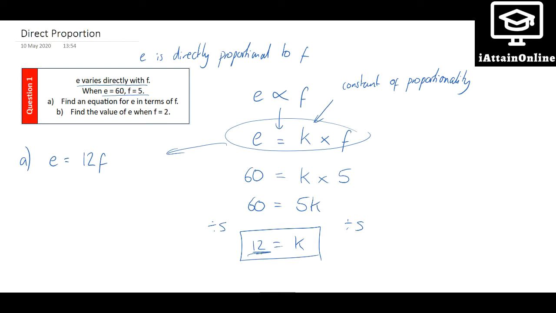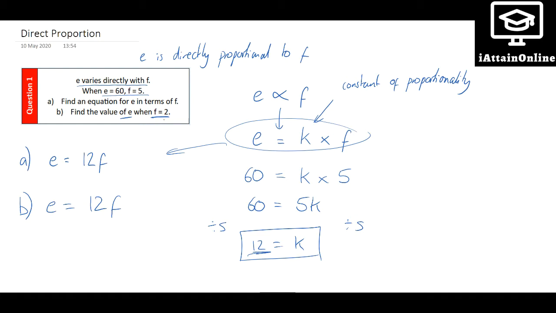More often than not, that's going to be the first part of those questions. For part B, all we're going to do is use that equation, so I'm going to write it out again, to find E when F is 2. Be really careful, because in a minute you might get confused if you don't take care with this bit.